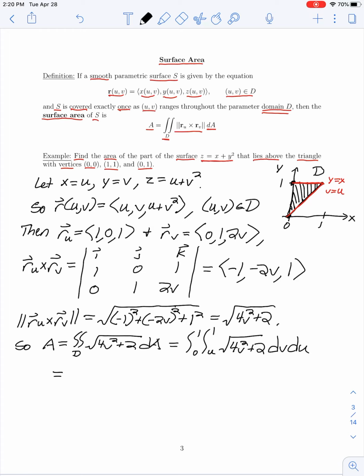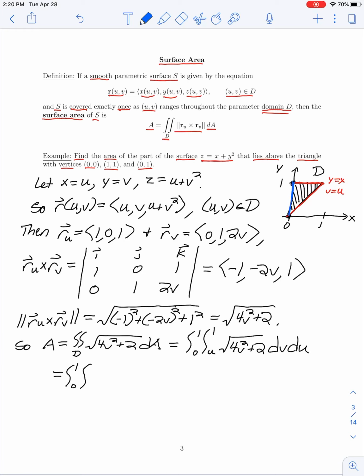So if instead I think about D as a type 2 region, my outer integral with respect to v would be from 0 to 1. And our inner integral with respect to u, let's think about the bounds on u.